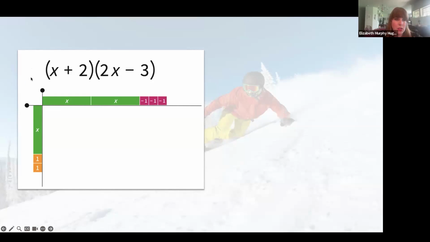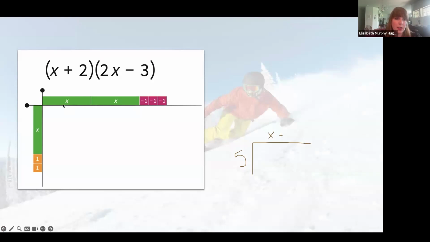Rather than having it x plus 2, this could just be 5. I don't know why it's disappearing. Maybe I can do it over here, 5 times x plus 2, and then do that distributive property.